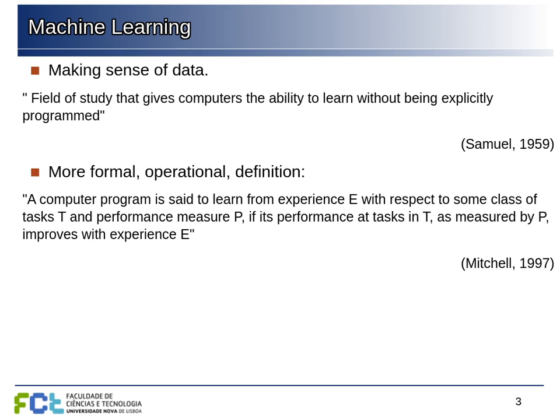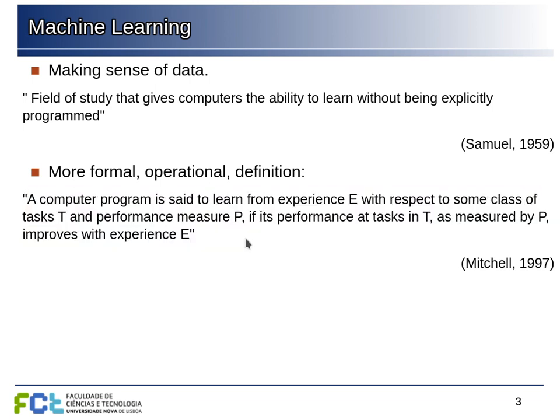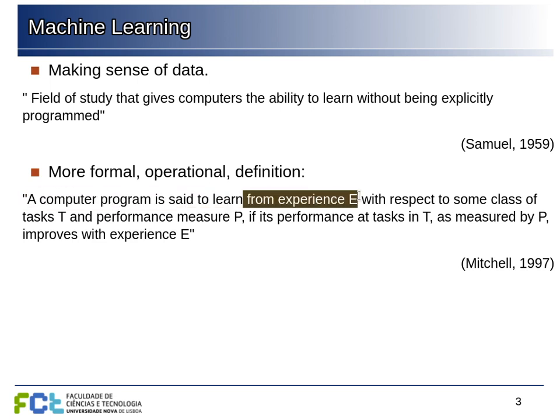And the idea, using this more operational definition by Mitchell, is that we have some task that we want the computer to perform, we have some measure of the performance at that task, and we also have data, experience, or some examples that can illustrate how the task will be performed.